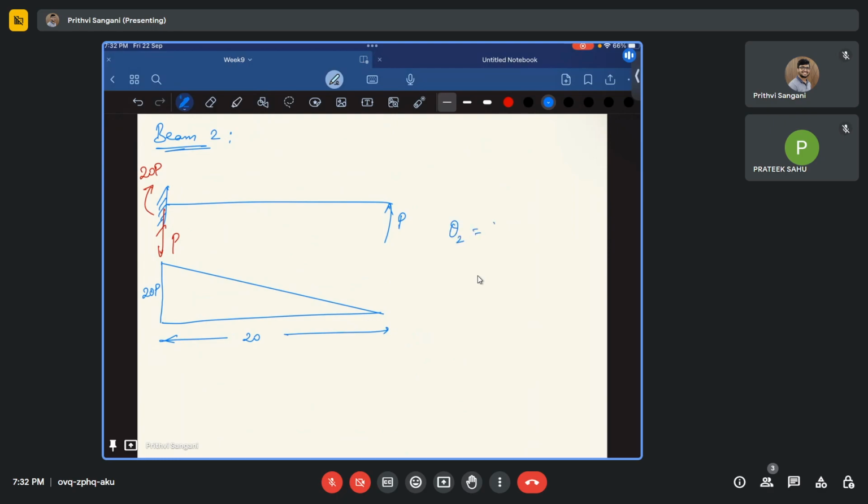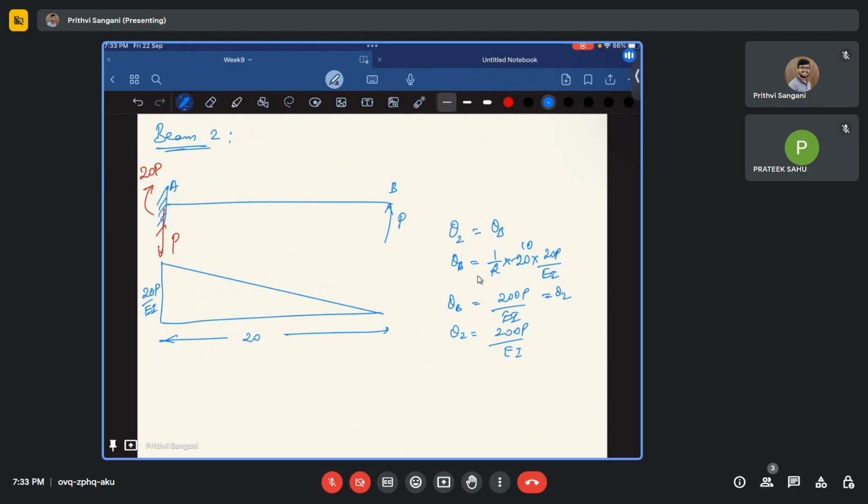Theta 2 is nothing but theta B, the slope at B. So theta B is nothing but the area of the M by EI diagram: half times 20 times 20P by EI. So this is going to be 10. Theta B is going to be 200P by EI. That is theta 2.